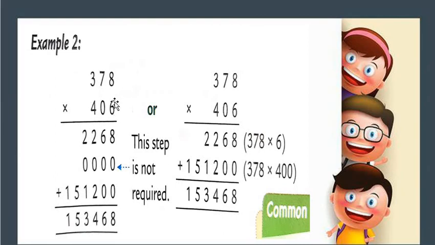Now 6 times 8 is how much, all students? 6 times 8 is 48. 8 here and 4 is carried. And then 6 times 7 is 42. 42 plus the carry 4: 43, 44, 45 and 46.